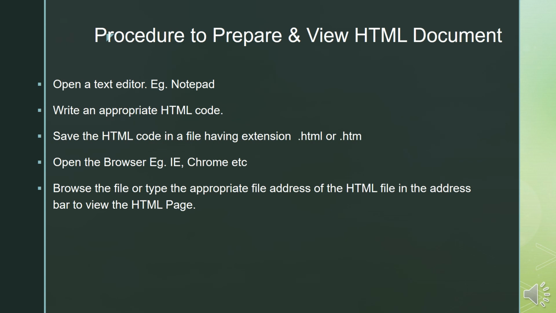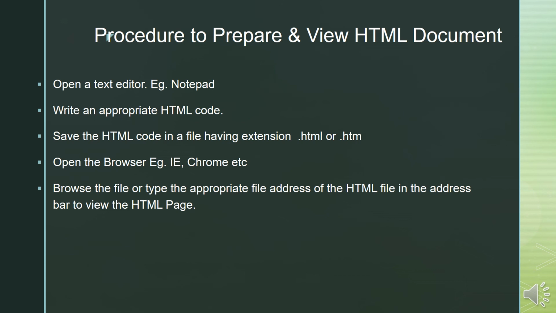How to write or prepare an HTML document and how to view the HTML document. Since most of us will be using the Windows operating system as a platform, and as the school provides you with the Windows operating system, we'll first open Notepad, that is your text editor. You will write the code of HTML according to the data which you want to display.